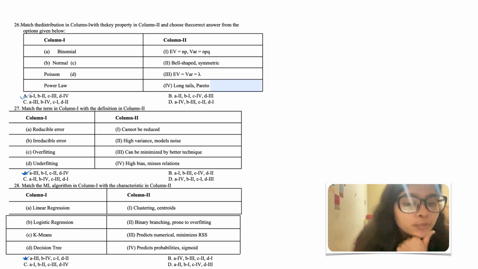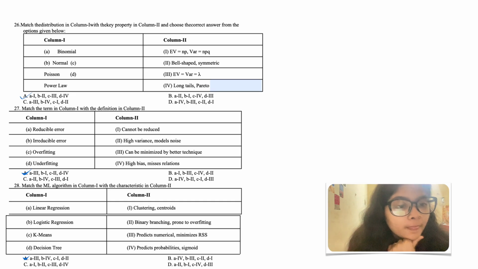Moving towards the next question, we have a table in which there are options given, and here option A is correct because normal distribution is a bell-shaped distribution and it is symmetrical.